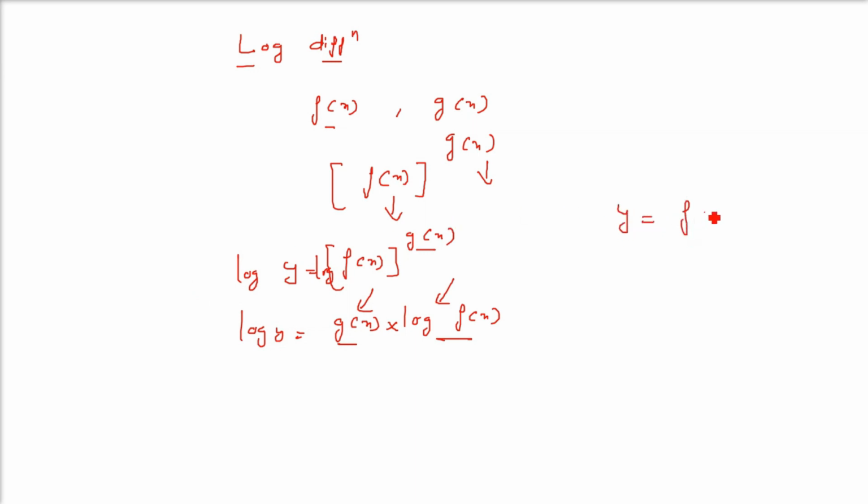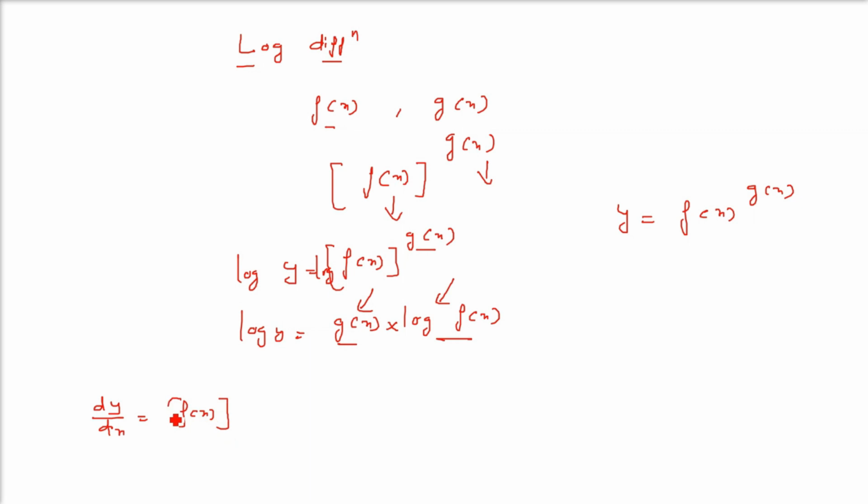So if we have y equal to f(x) to the power g(x), dy by dx will be computed how? This is the final result I am saying, I am not proving it.